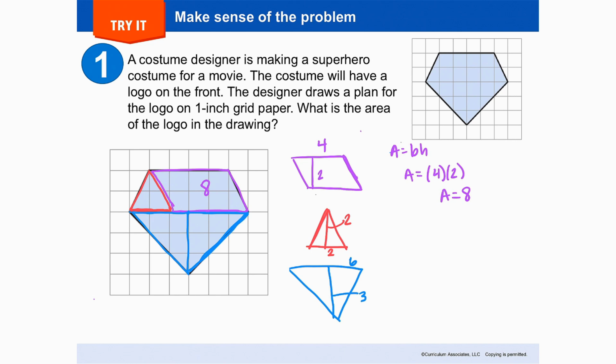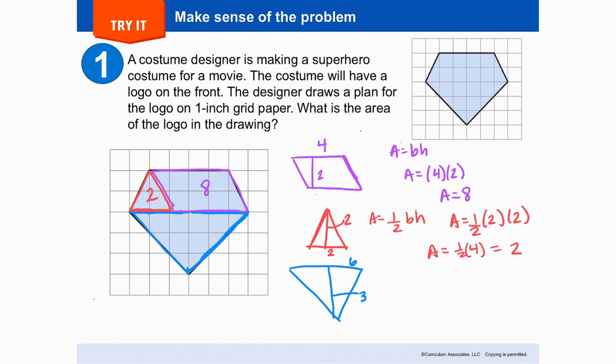Now I'm going to look at my next shape, which is a triangle, which is half base times height. So I have area equals half my base, which is 2, times my height, which is 2. Area equals half of 4. Half of 4 is 2. So I'm going to go ahead and put that 2 in there.